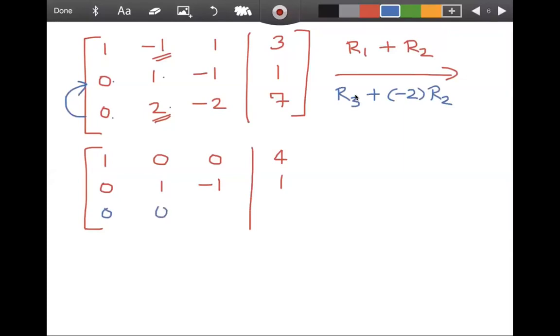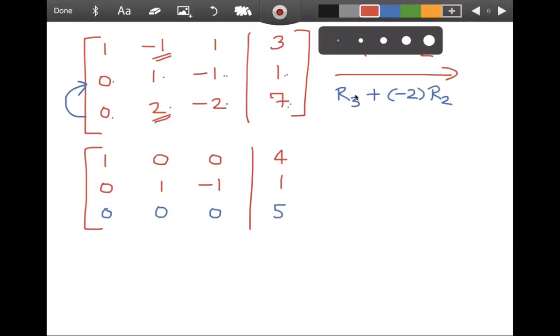That was the whole point. And then -2 plus -2 times -1 is -2 plus 2, which is 0. And then 7 plus -2 times 1 is 7 plus -2, which is 5.